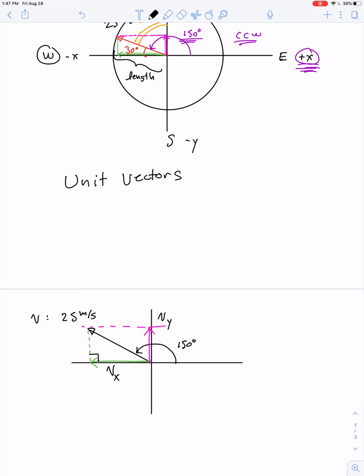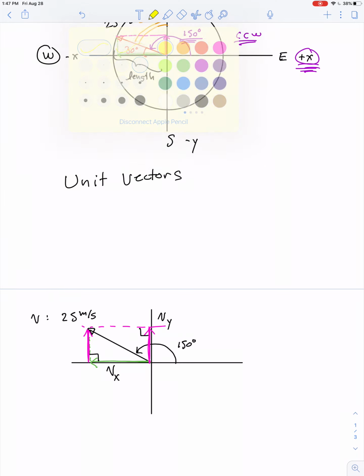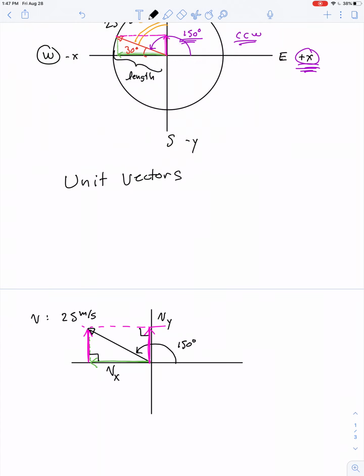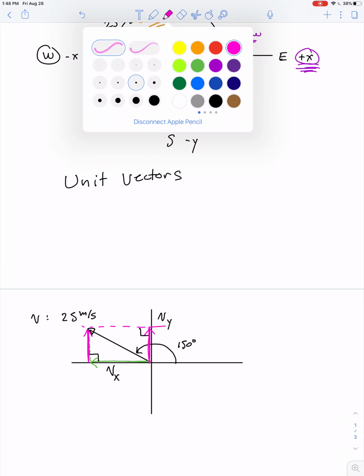But you see that these components help form a right triangle. If we reproduce, for example, the vertical component, notice I have not rotated or stretched this vector when I draw it again over here, so it's still the same vector. Then we have a right triangle. It's kind of hard to miss, right?